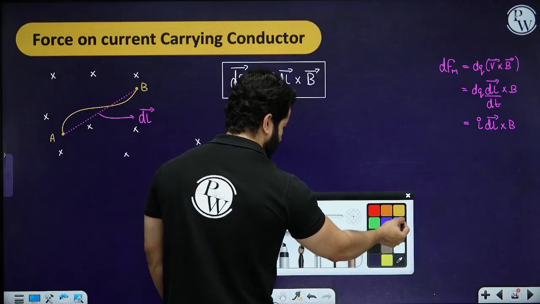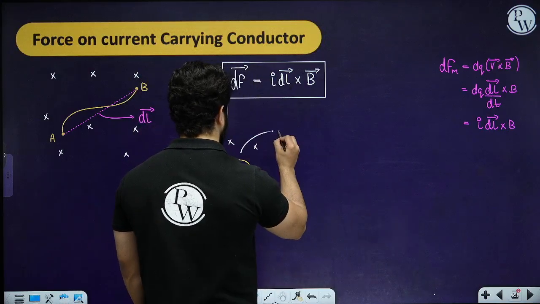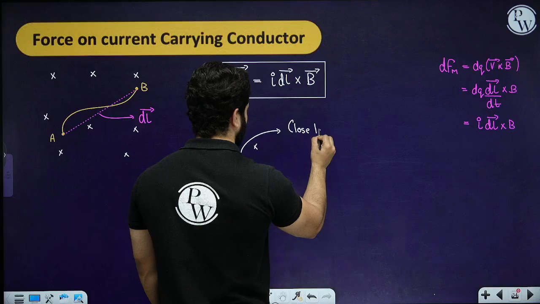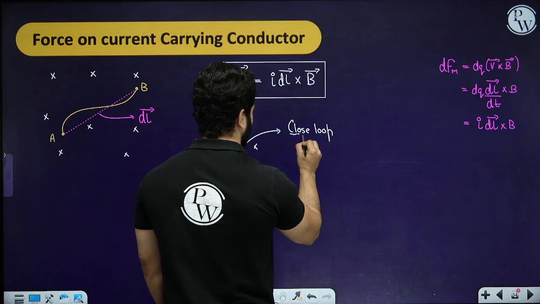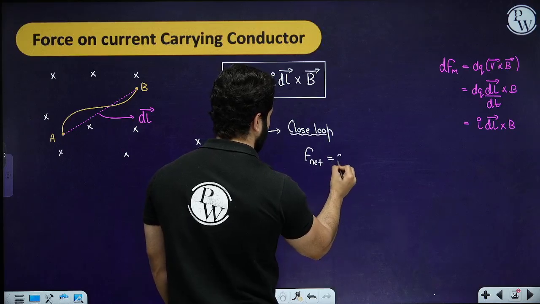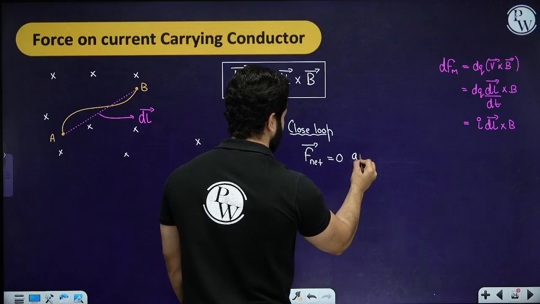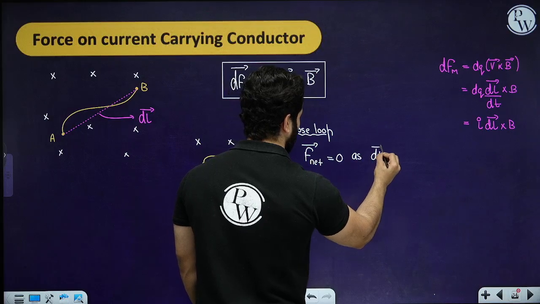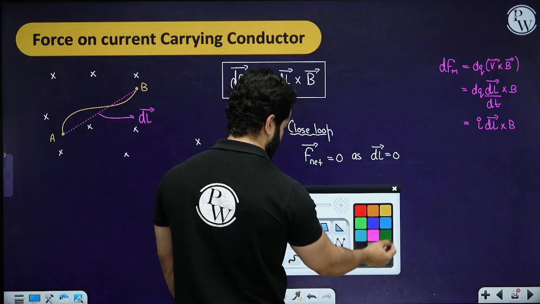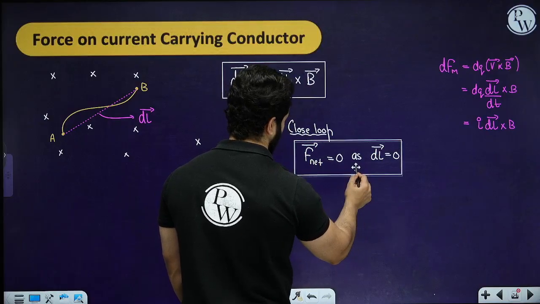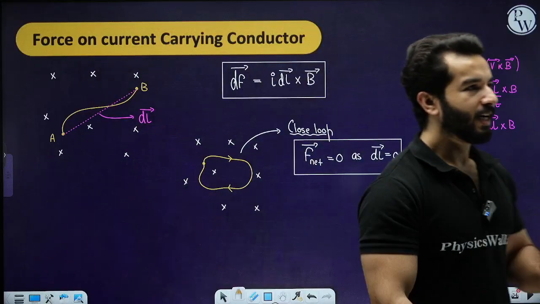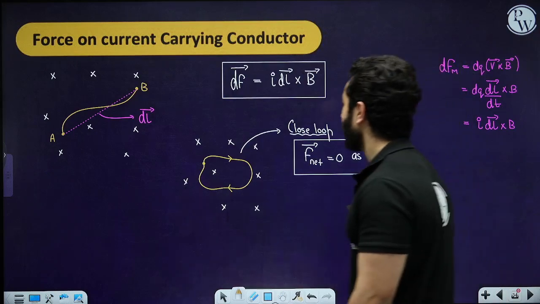So from this fact we are going to say that on a closed loop, net force will be 0, as the net dl is 0. This is something important. Torque may or may not act on it, but net force will be 0 on a closed loop, right?